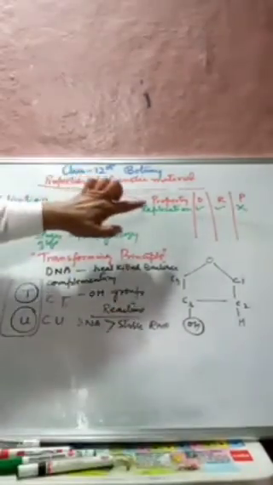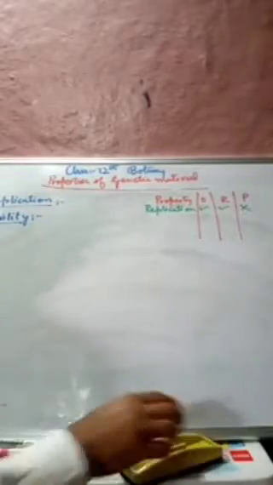So this is the second condition, but both are stable; DNA is more stable than RNA. So genetic material must show stability and must not change with the stages of life, with age, or with physiology.